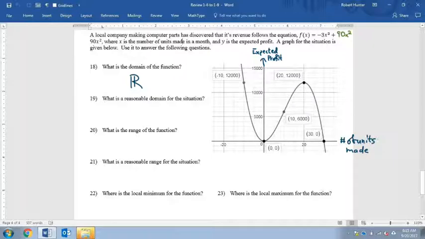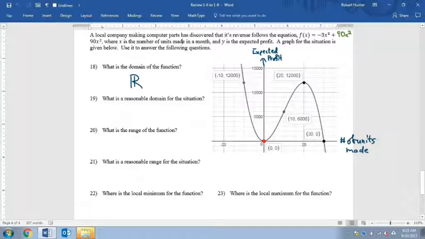What is a reasonable domain for the function? Okay, reasonable domain. Alright, so x is the number of units made. So a reasonable domain goes from, can you make a negative number of units? No. So a reasonable domain starts here at 0.